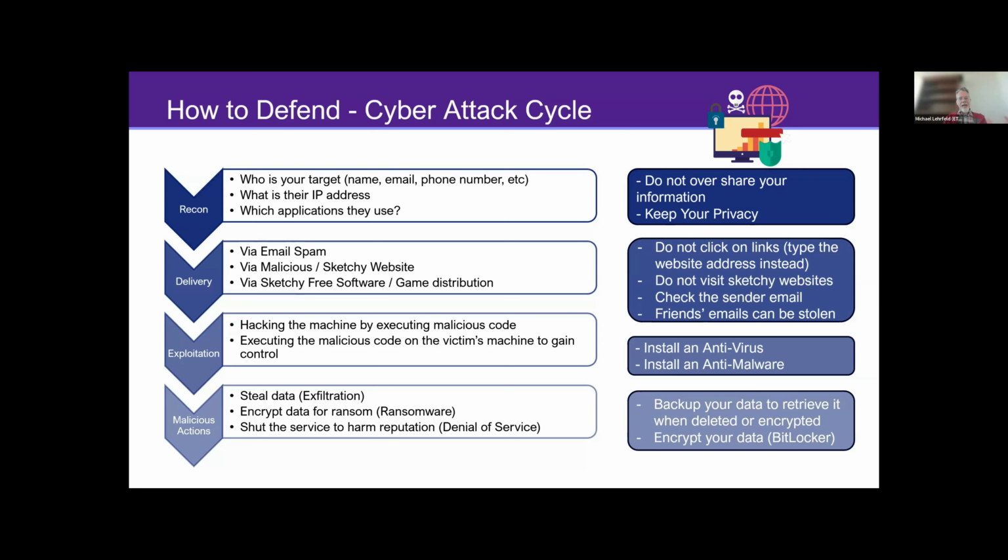You can look on the back of your credit card, call the phone number on the back, and verify whatever it is the person was calling you about. Don't give information away to someone that is calling you because you cannot be guaranteed who they are. Be careful when clicking on websites. Make sure you have antivirus and malware protection installed on your computers, and make sure that we're backing up our data.